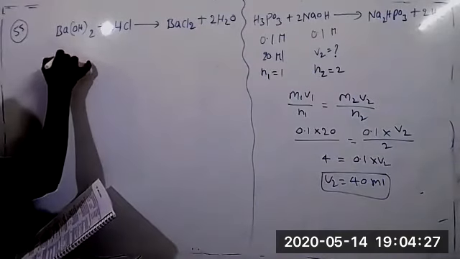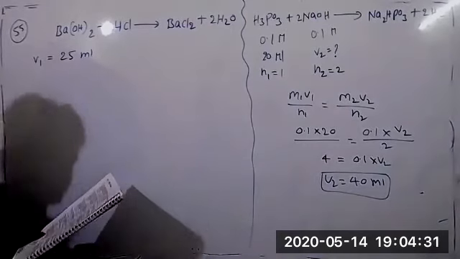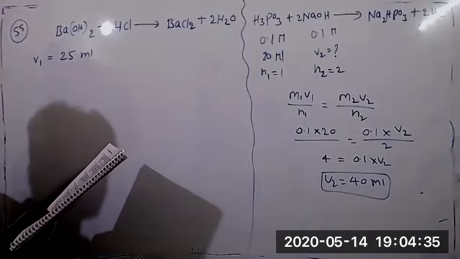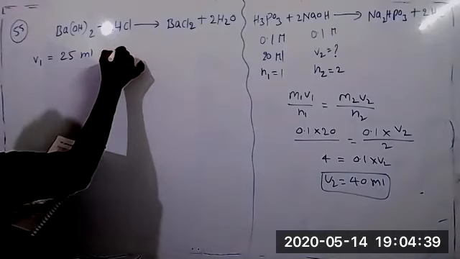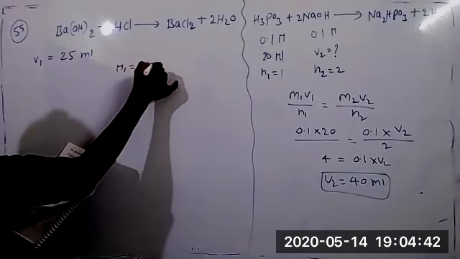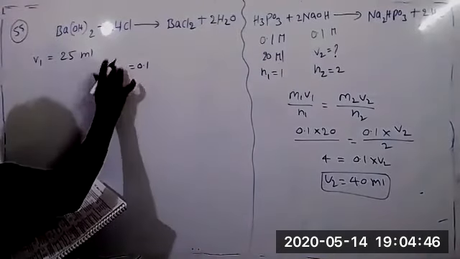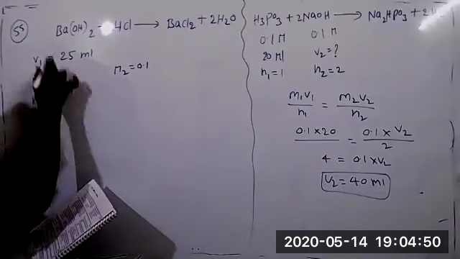This is 25 ml. Take V1 is equal to 25 ml. With 0.1 molar, this is M2 given here. N1 is equal to 1 here.